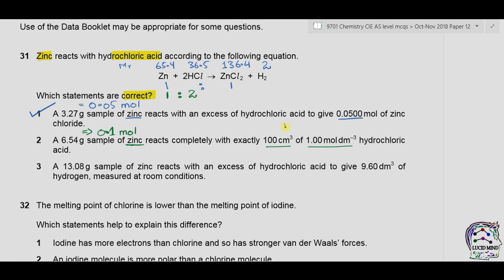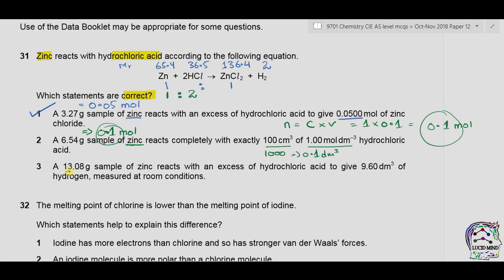We use the formula number of moles is equal to concentration in mole per decimeter cube times volume in decimeter cube. We can convert the volume into decimeter cube by dividing by 1000, so it is 0.1 decimeter cube. Now putting values, 1 times 0.1 equals 0.1 mole. According to the ratio, the moles of HCl should be double the moles of zinc. So it is not double, it is the same. So option 2 is wrong.